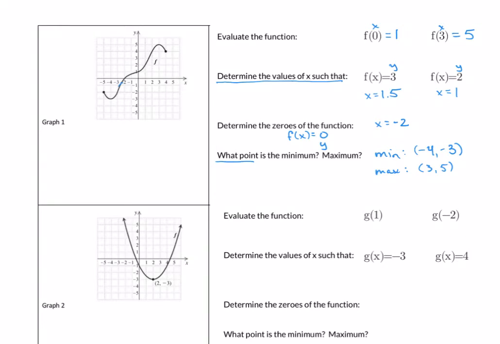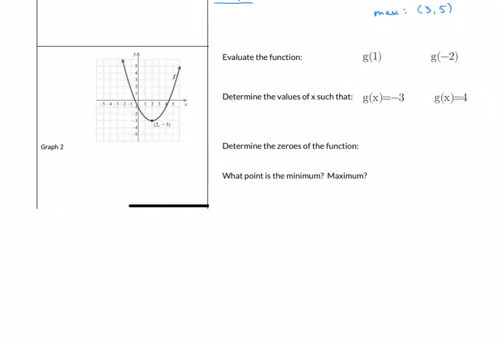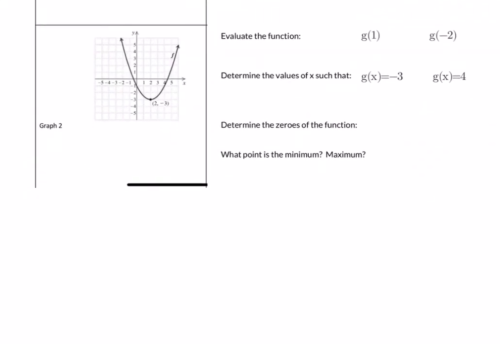All right, let's look at a couple more. If we look at graph 2, I want to know what is g of 1. If we go ahead and find 1 on our graph, this is an x coordinate, so that means I want to go 1 to the right. And if we go down, we end up at negative 2.5.